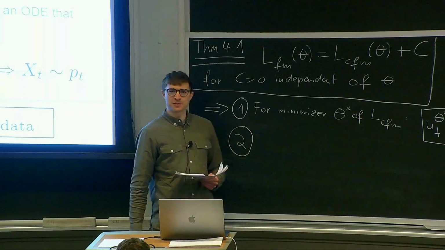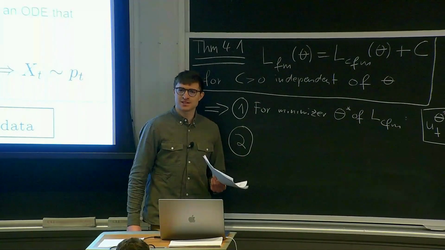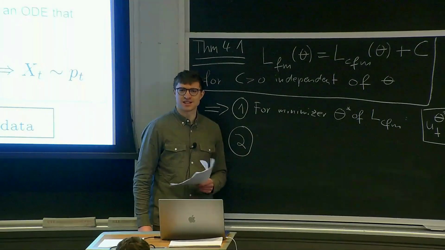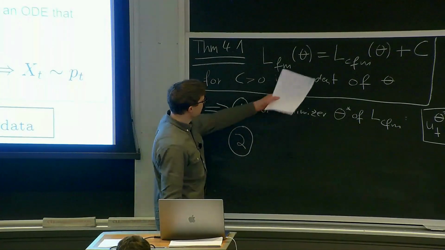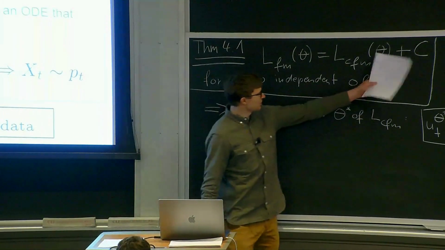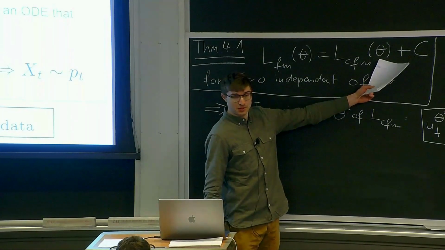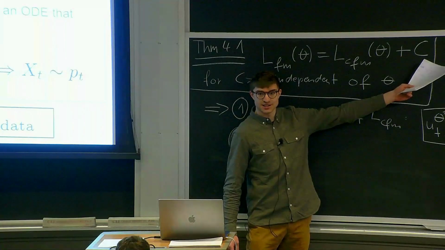Not only that holds, much more, the training algorithm of the neural network. How do we train neural networks? We use stochastic gradient descent. So the gradient of these two objects are the same, because we're taking the derivative with respect to theta, so this constant is going to cancel out.